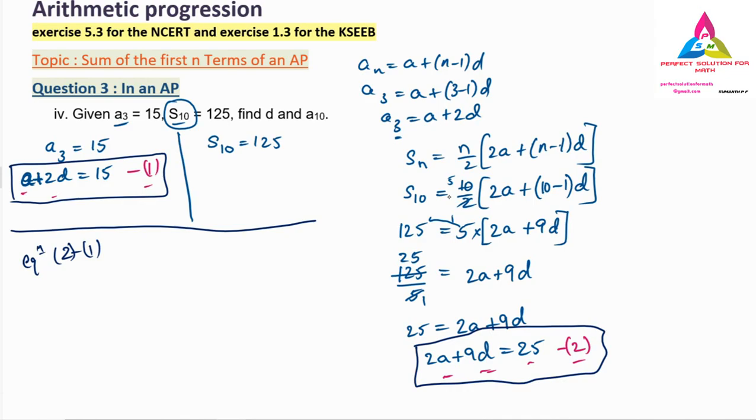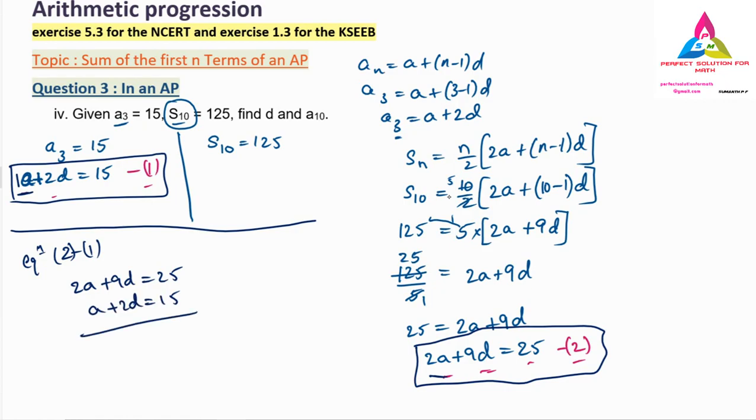But in this case it is not possible, because here we have 1a, and here we have 2a. So it is not possible to directly subtract. If you subtract, 2a plus 9d is equals to 25, a plus 2d is equals to 15.